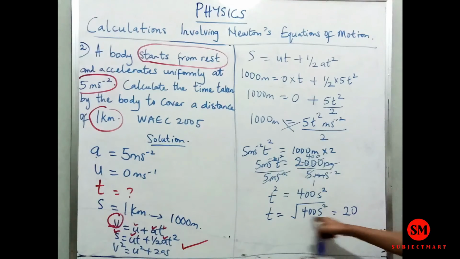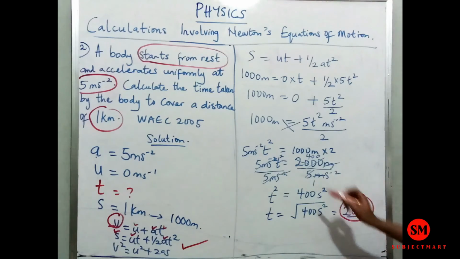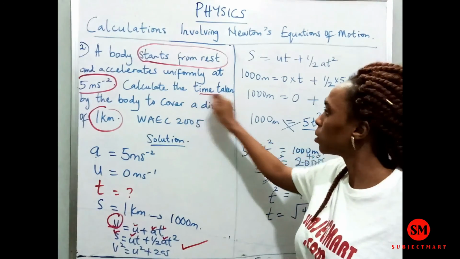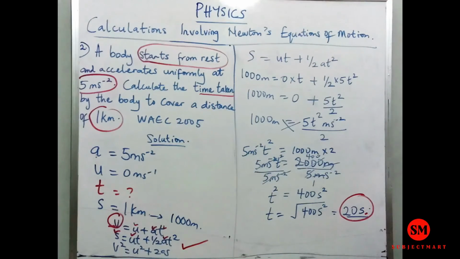The square root of 400 is 20, and the square root of second squared is seconds. So the time taken to cover the distance of 1 kilometer is 20 seconds. You can see it's very simple.